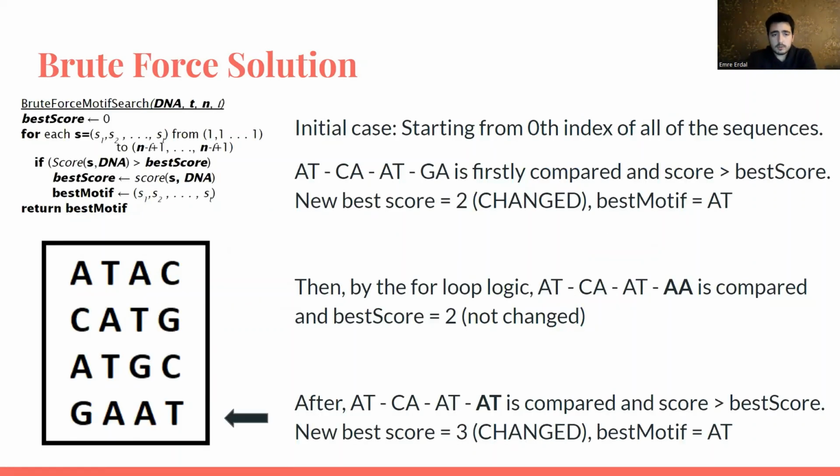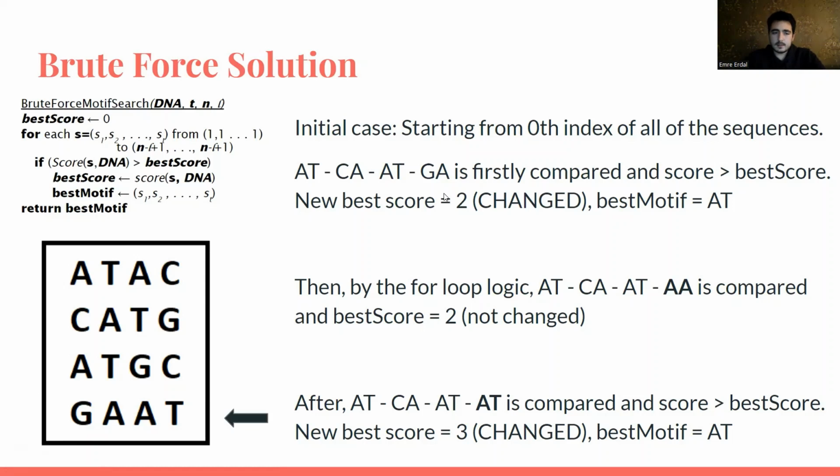For the solution's initial case, as I mentioned, all of them start from the zeroth index. So it is AT, CA, AT, and GA.